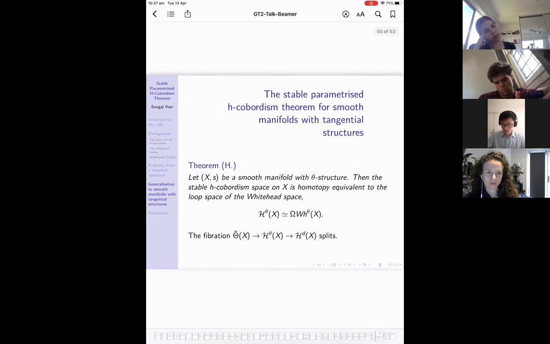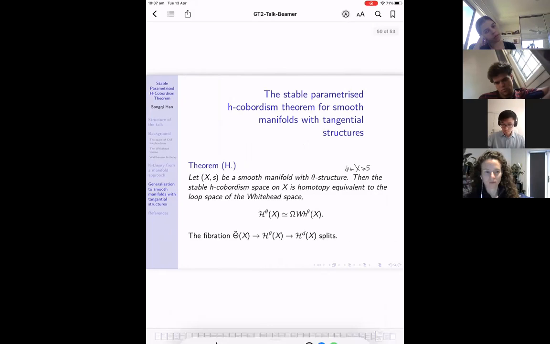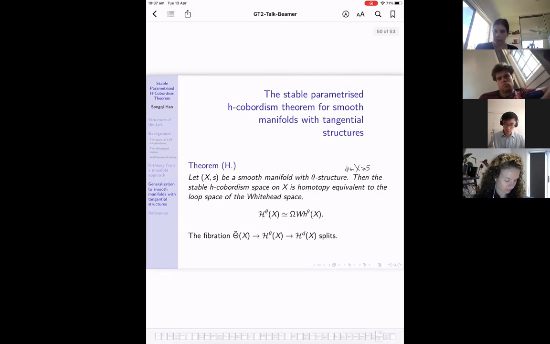I'm sorry, of course, I need the assumption that the dimension of X is greater than or equal to 5, because I obtain this result by comparing to the smooth case. Then the stable h-cobordism space on X is homotopy equivalent to the loop space of the Whitehead space in this case, which takes the exact same form as Waldhausen's theorem.